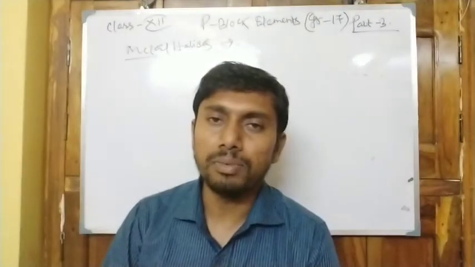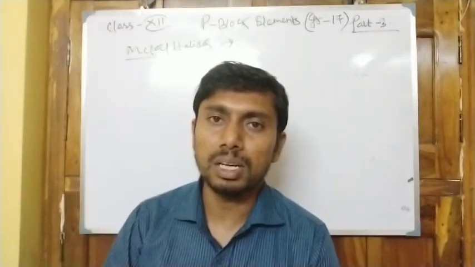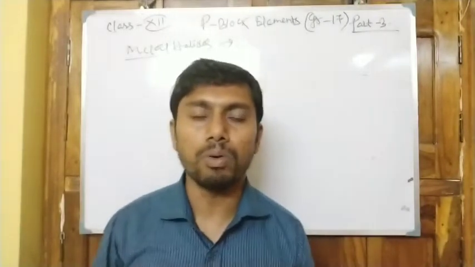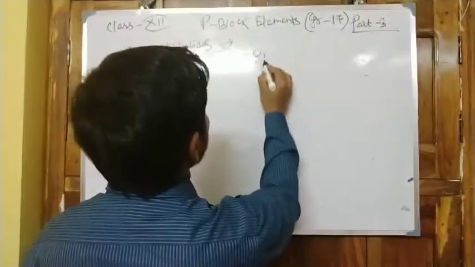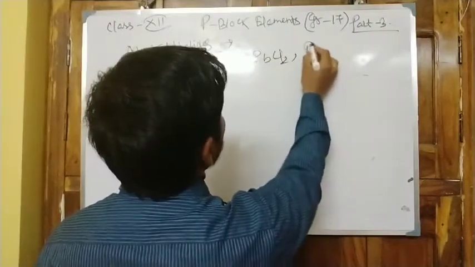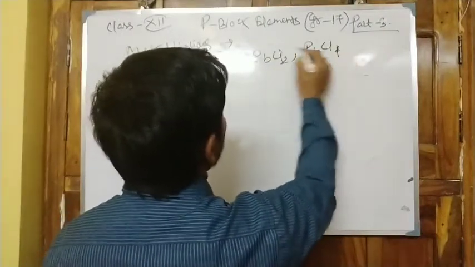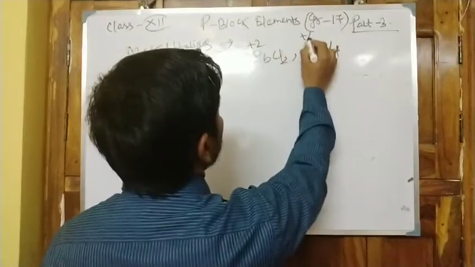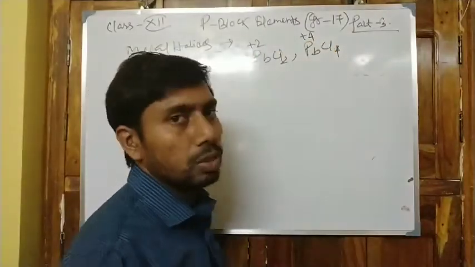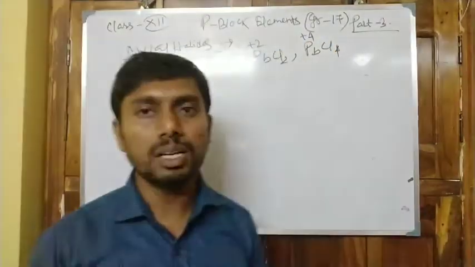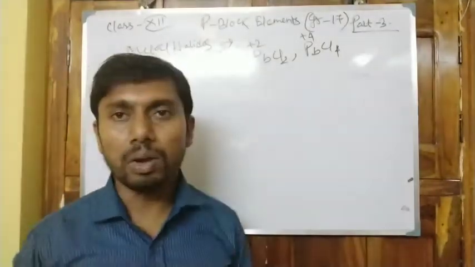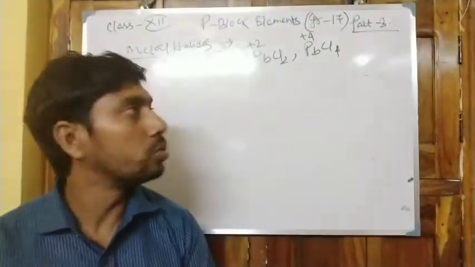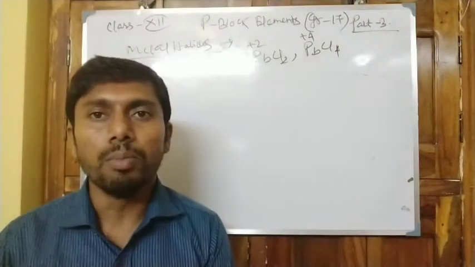Now different oxidation states of the metal are used to form the halides, for example PbCl2 and PbCl4. Here it is in +2 and here it is in +4 oxidation state. Now the question is, which one is more ionic and which one is more covalent?